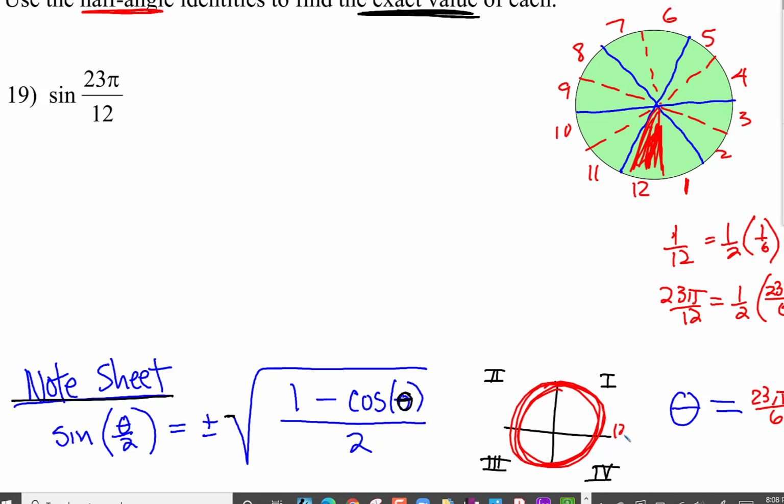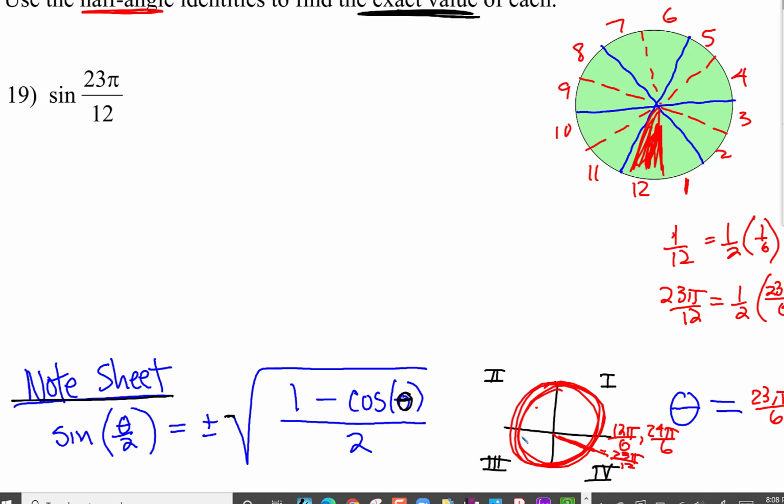So if this is 12 pi 6, if you go around the circle again, this is 24 pi 6. 23 pi 6 would be down here. Half of that, half of an angle in the fourth would be maybe in the second or third quadrant.